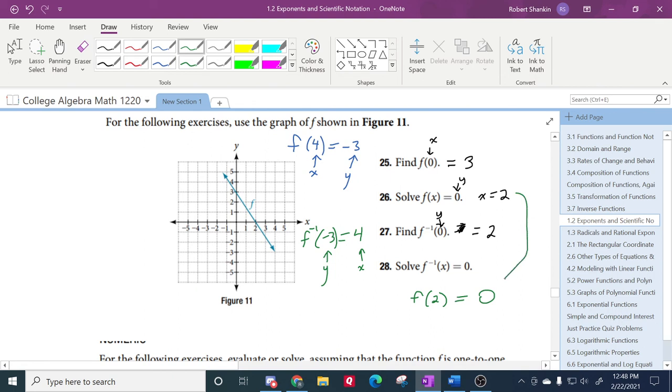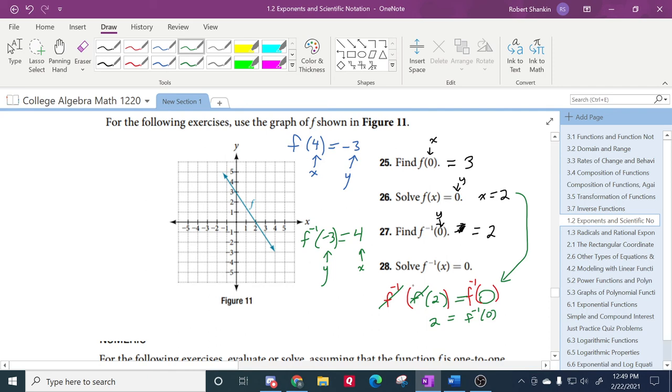That's what this line tells us. And if I did f inverse of both sides, I get these two canceling out. 2 equals f inverse of 0. But that's exactly what I was getting on line 27.